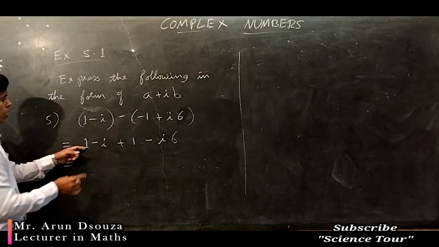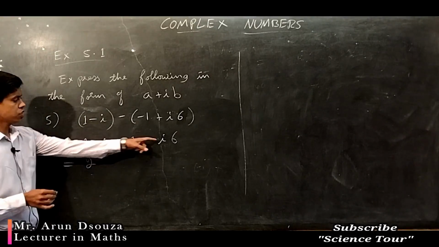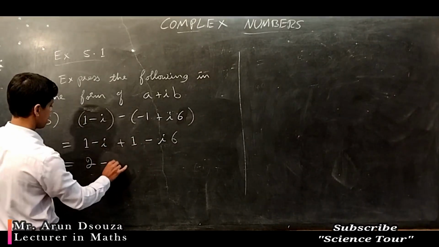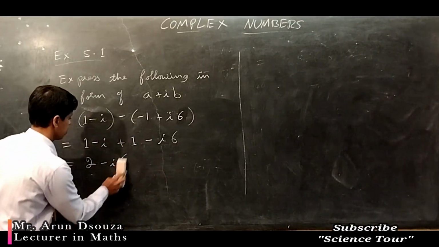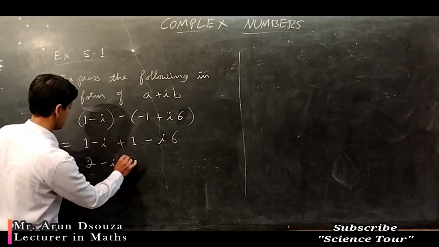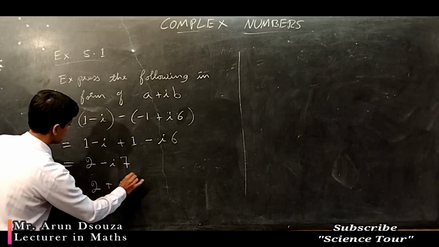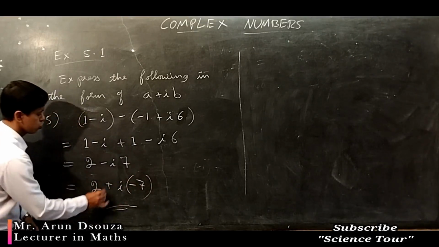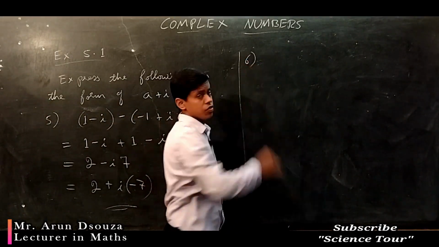Okay, so now 1 and plus 1 you will write 2. For the other part, you don't have to take common, you can just write minus 1 minus 6, minus 7. So you can write this as 2 plus I into minus 7. Okay, so that is about the fifth problem.